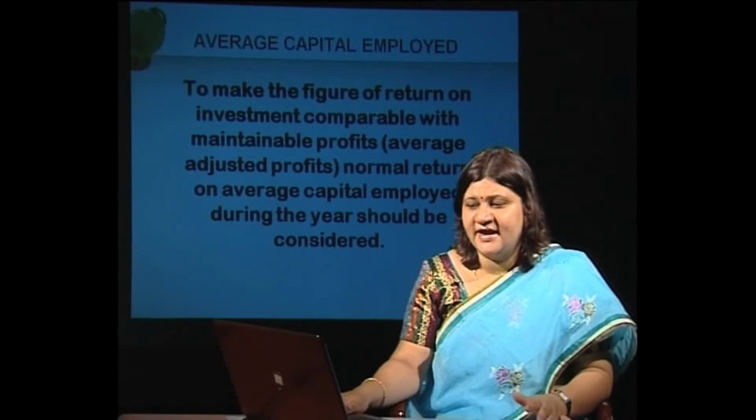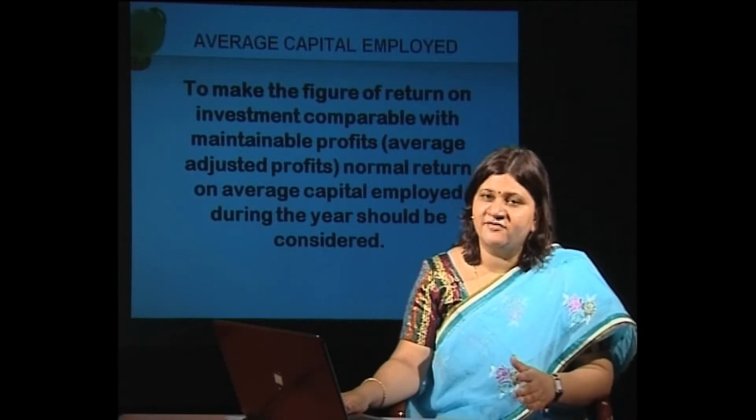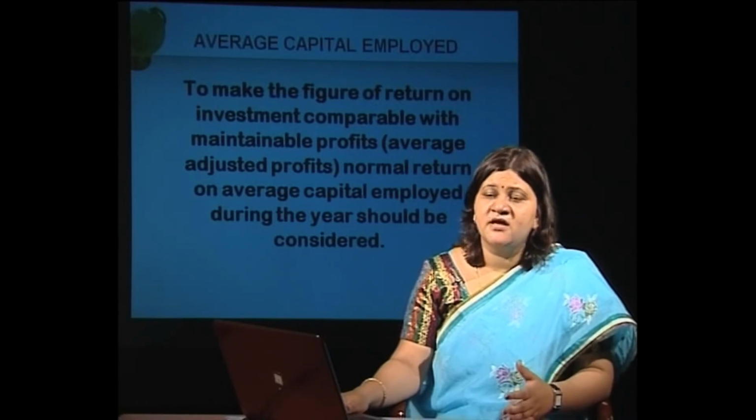Further simplify it: when profits are being averaged up after adjusting the relevant data or adjustments, similarly, investments upon which the normal profit is being computed should always be averaged up. Both numerator and denominator should be at a comparable level.